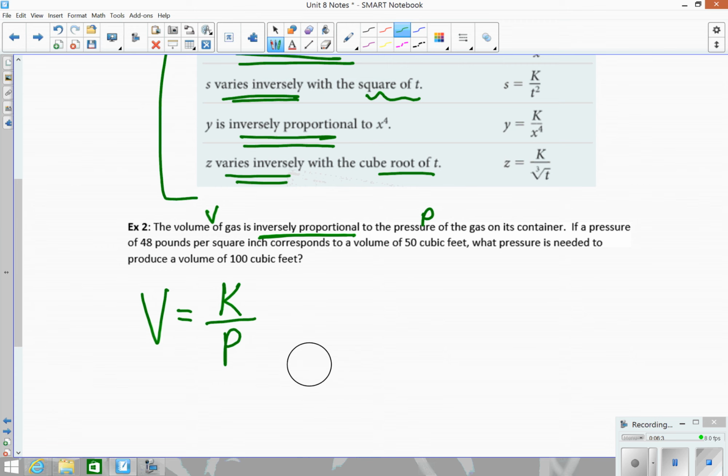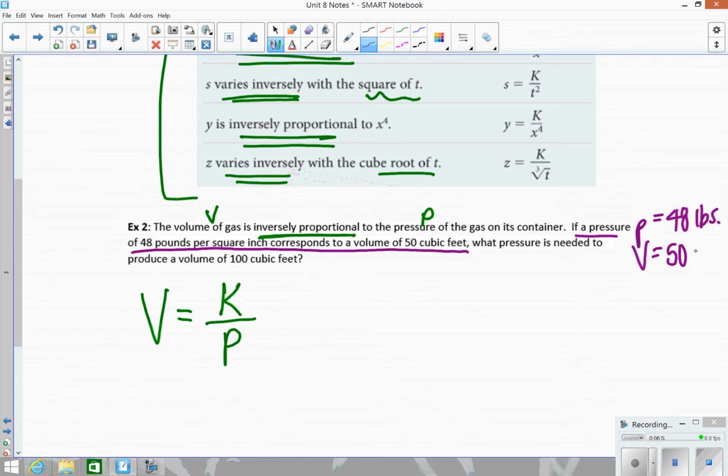Now we're going to look at what scenarios we have. The first scenario: a pressure of 48 pounds per square inch corresponds to a volume of 50 cubic feet. So the pressure is 48 pounds and the volume is 50 cubic feet.